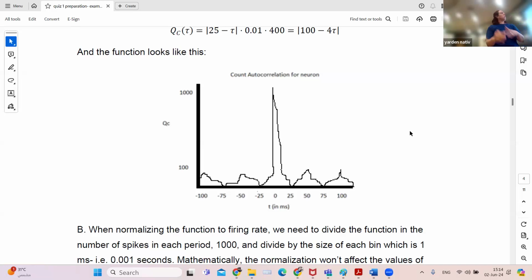This is an absolute function, so it looks like this. It should be a triangle. I'm sorry, I just drew it by hand, so I try to make it look more realistic.